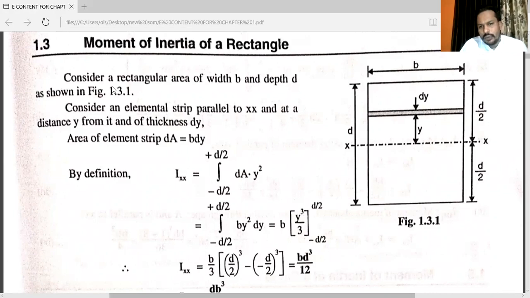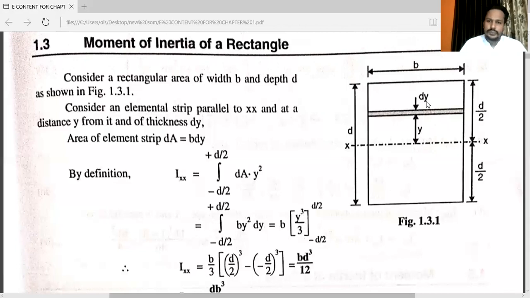Here we are considering one strip, that is a very important strip. So you can see this strip, it is a very important strip. The distance of that strip from centroidal axis xx is y, you can see in this diagram. So distance is y, and the vertical thickness of this strip is dy, mentioned in the diagram.